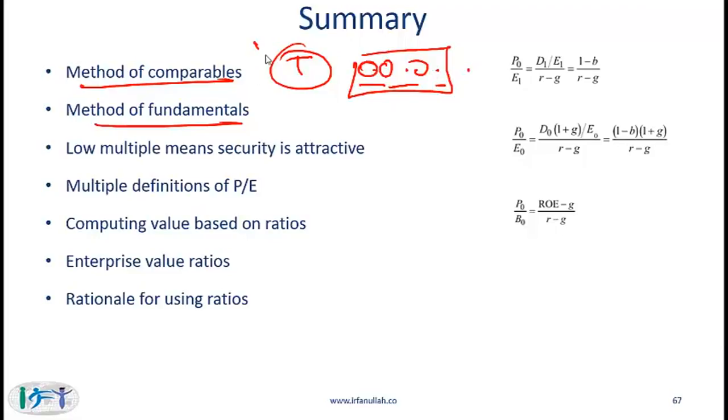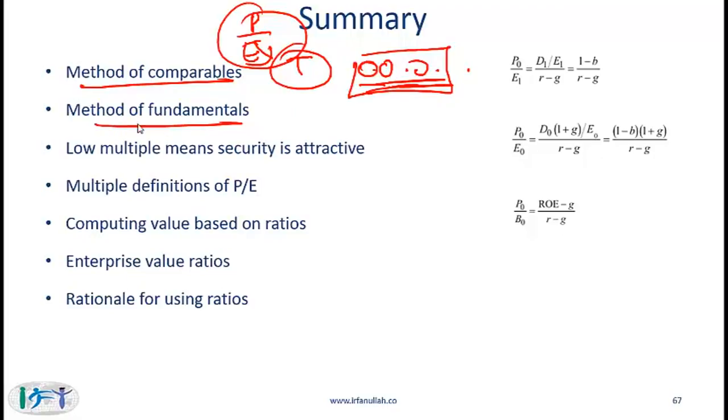And then if your target company has a high price to earnings ratio in the market relative to the benchmark, that means that your target company is not very attractive, all else equal. If the ratio based on market price is low relative to the benchmark, then all else equal, this would be an attractive investment.